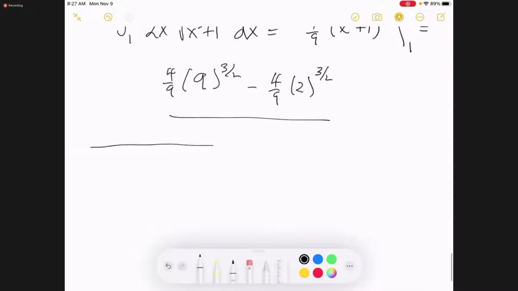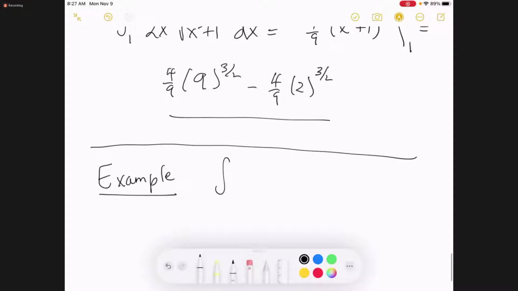Let me throw one out here. What about this problem? Do you see any u and derivative of u sitting there for you?